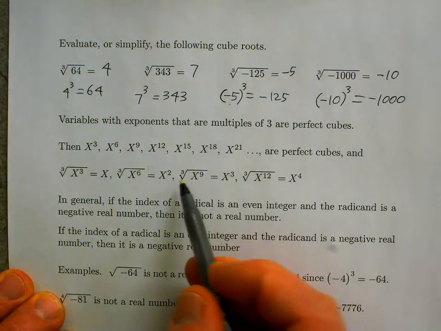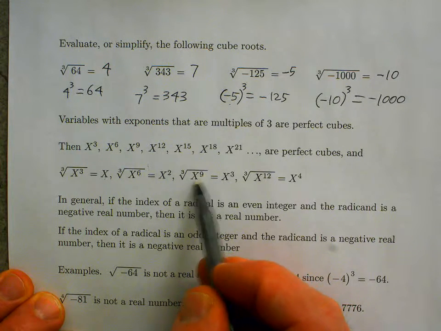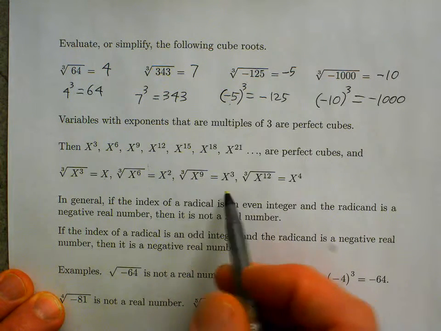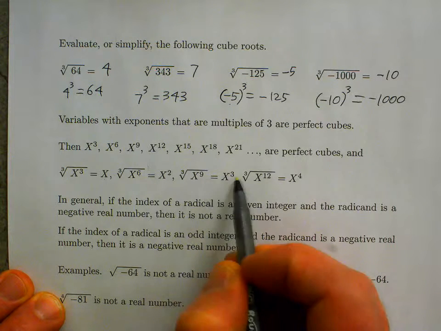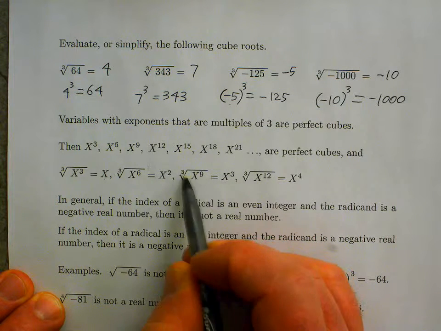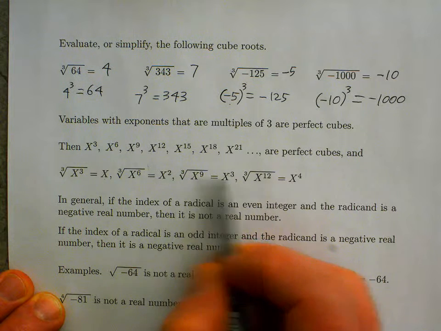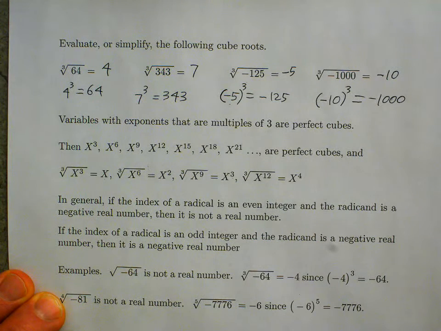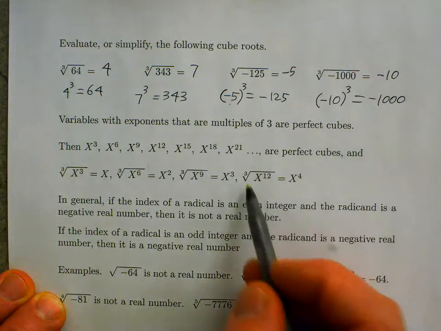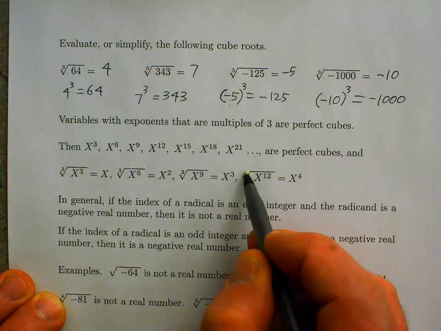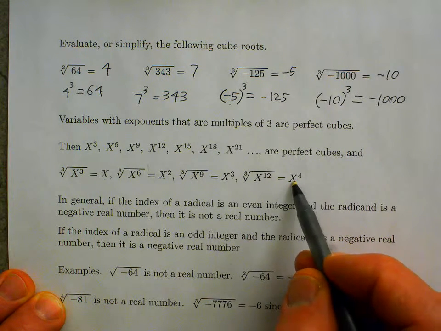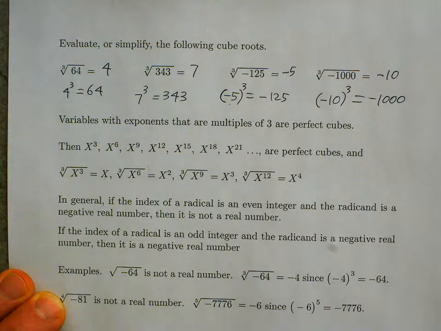To simplify the cube root of x to the ninth, without the radical we have x, and the exponent is 9 divided by the index 3. 9 divided by 3 is 3. You see the pattern here. So the cube root of x to the 12th is x to the 12 divided by 3, or x to the 4th, because 12 divided by 3 is 4.